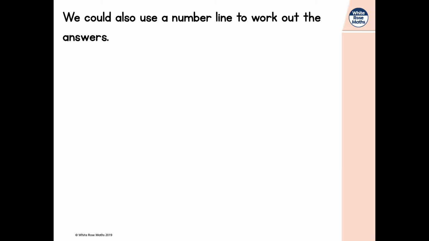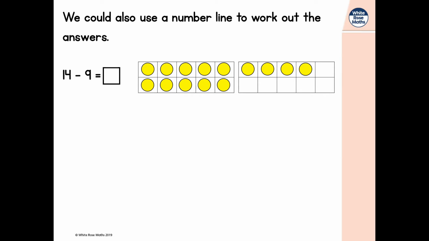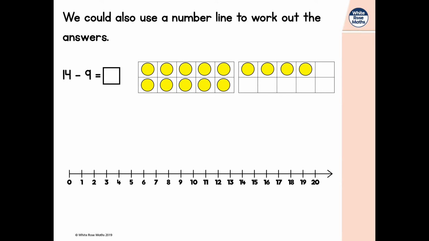Did you know that rather than just using a 10 frame or two 10 frames, we could also use a number line to work out the answers? Let's take a look at both of these. Here's our question. 14 take away 9 is something. Now, we could build 14 and show it by crossing out 9. Or we could think about a number line and begin at the number 14 and count backwards.